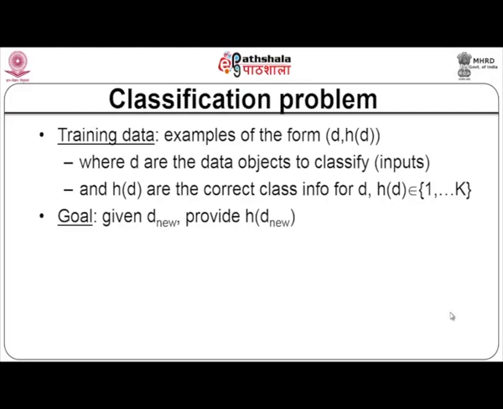So here we have training data of the form data and a tag, or H of D, which is the correct class into which you want D to fall. That is the supervised learning approach, the training data. Now the goal is, given a new data, new D, you have to provide the hypothesis or the class of the new data. This is our goal. This is the definition of a classification problem in general.